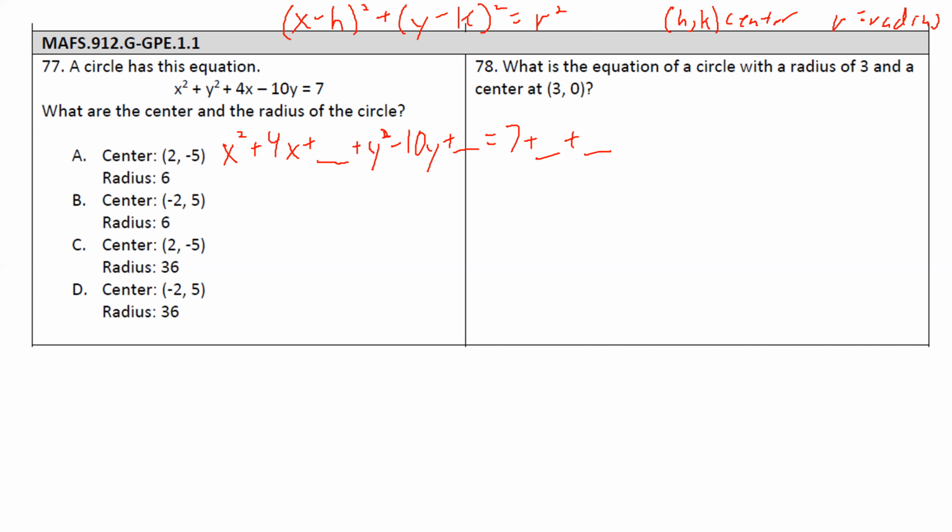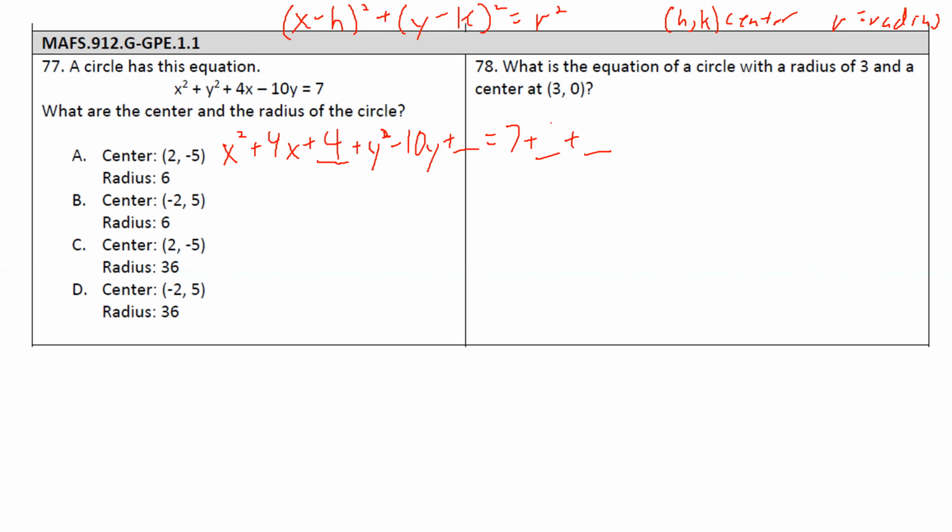So first, what goes into these blanks? All right, so complete the square for the x's. You have to take the middle term and do what with it? Middle term, the b value, divided by 2 and square it. So here, the 4, we're dividing by 2, that is 2. 2 squared is 4.